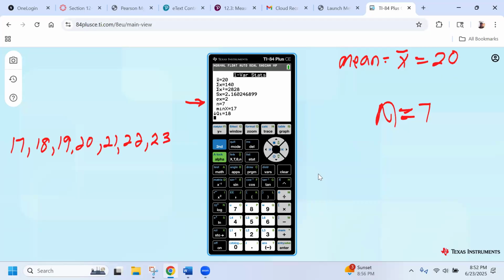And then down below here, we've got this thing that says Sx, and that equals 2.16. That value right there is my standard deviation.